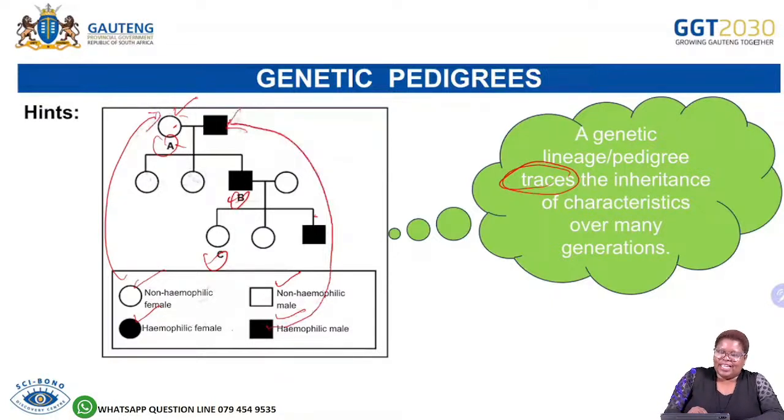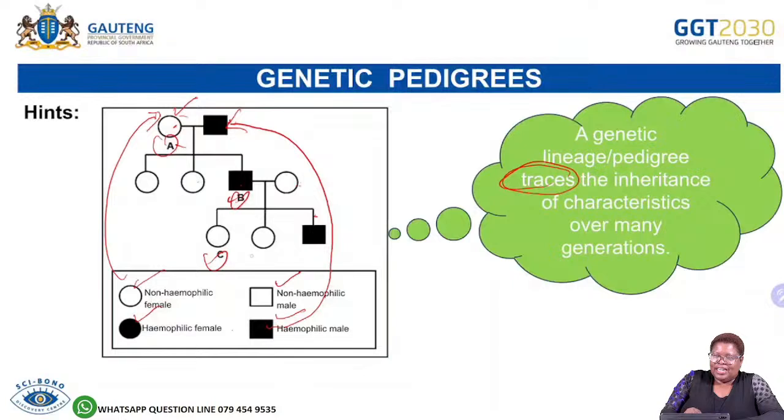2 of their daughters inherited the characteristic of non-hemophilic from their mother. But look at what the son has got. The son is hemophilic, meaning the characteristic was transferred from the father to the child. So the son who is hemophilic marries a woman who is non-hemophilic.